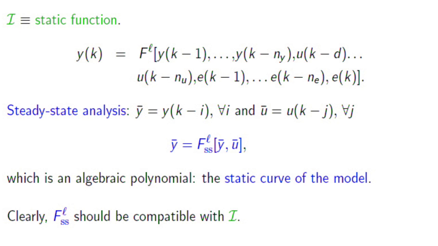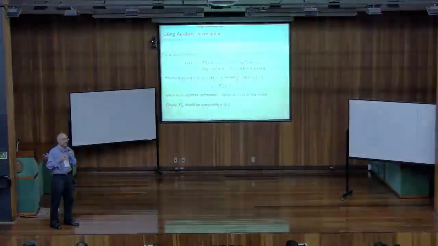As you recall, we can represent a NARMAX model like this. The autoregressive part is here, the exogenous part is here. This is the noise part, which we will not use. This has to do with unbiased parameter estimation.